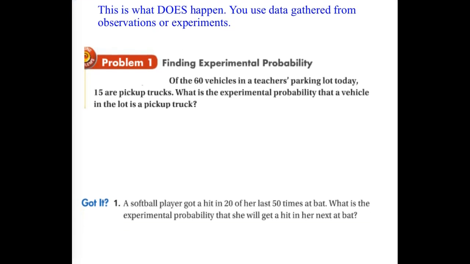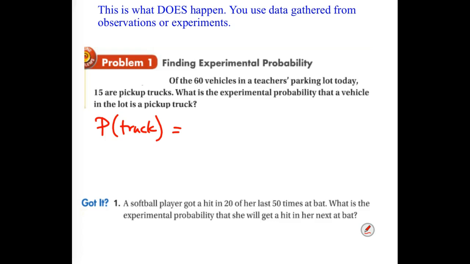Our first example says, of the 60 vehicles in a teacher's parking lot today, 15 of them are pickup trucks. What is the experimental probability? So again, based on the data, what is the probability that a vehicle in the lot is a pickup truck? So to calculate this, we're going to say probability that we have a truck. What would we need for the top number?